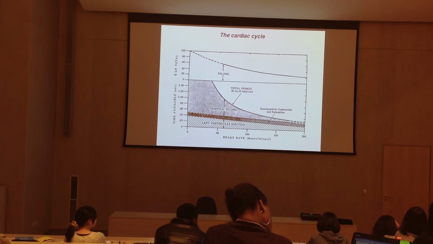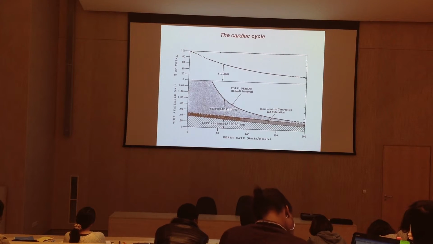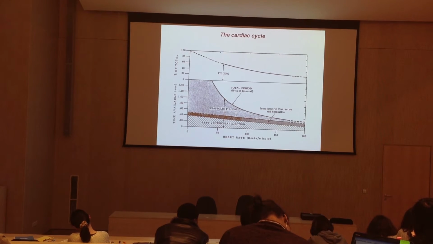At low heart rate, the diastolic filling is better. Therefore, the trained athletes increase the cardiac output much more by increasing the stroke volume instead of increasing the heart rate. Because increasing the heart rate to decrease the diastole is not so nice.